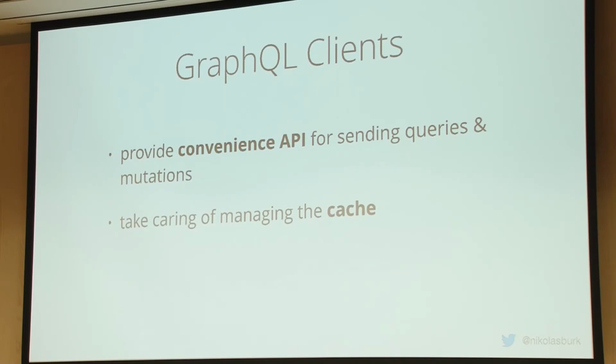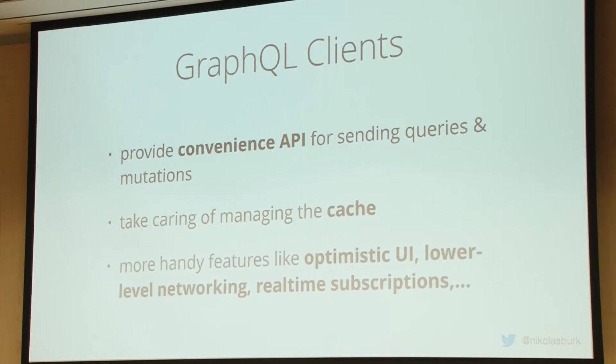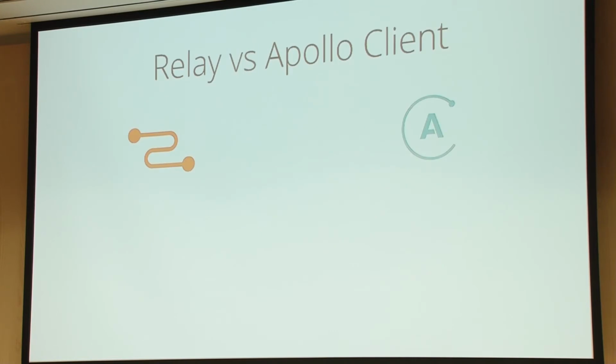And the more sophisticated ones, and we have two bigger GraphQL clients that I'll talk about in a second, also completely take care of caching for you. And they implement more handy features like optimistic UI, all the lower level networking stuff, real-time functionality with subscriptions, maybe support for more features which you can have as well in your app.